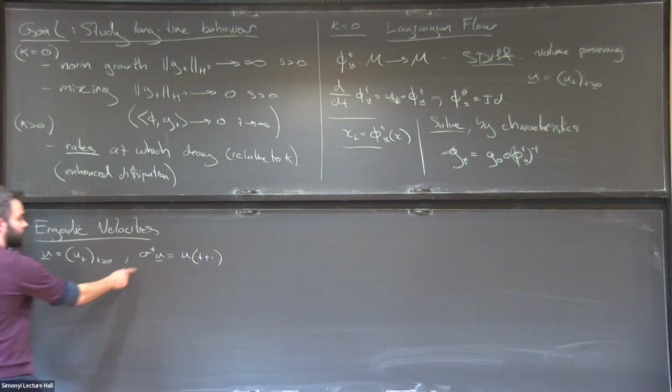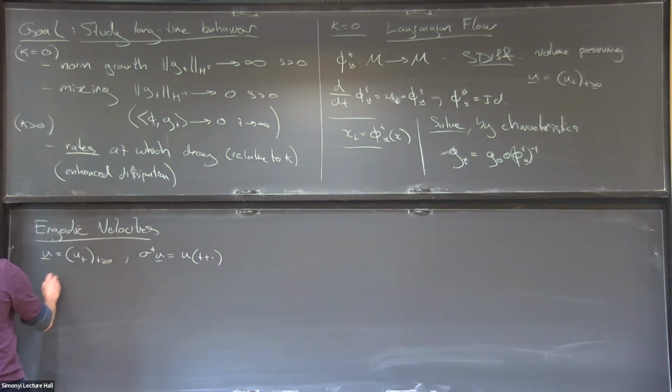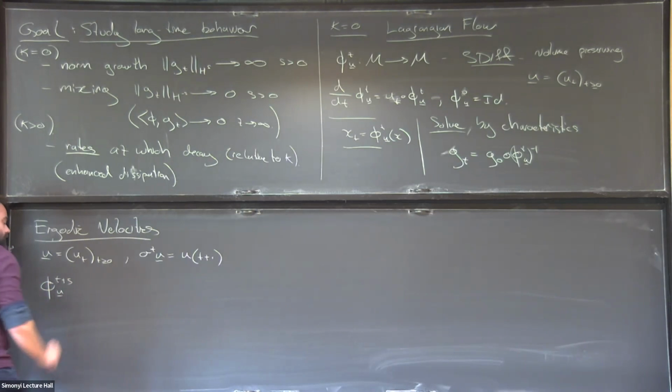Now, naturally, with this particular definition, it's not hard to show that phi t satisfies what's known as the cocycle property. One thing you see is that because we have this time-dependent velocity field, this flow is not a group per se, it's inhomogeneous.